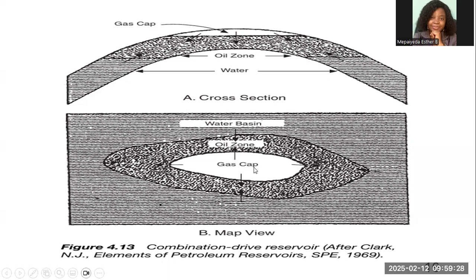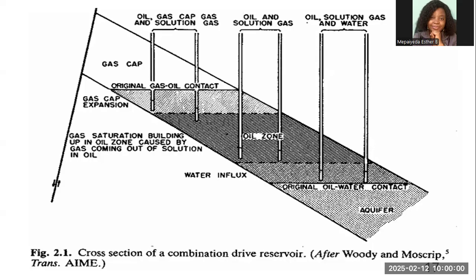So what I am saying in essence is that there could be a drive as a result of the expansion of the gas in your gas cap and the expansion of the solution gas within your oil zone. So both can drive your reservoir. In that case, you have a combination drive mechanism from the gas cap and equally from solution gas within the oil zone.